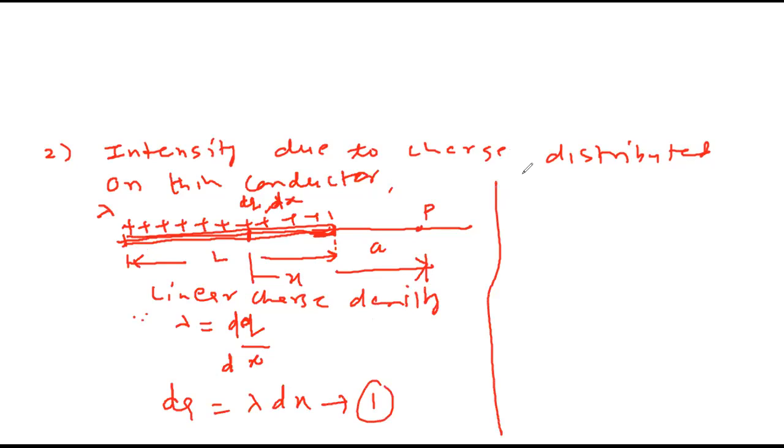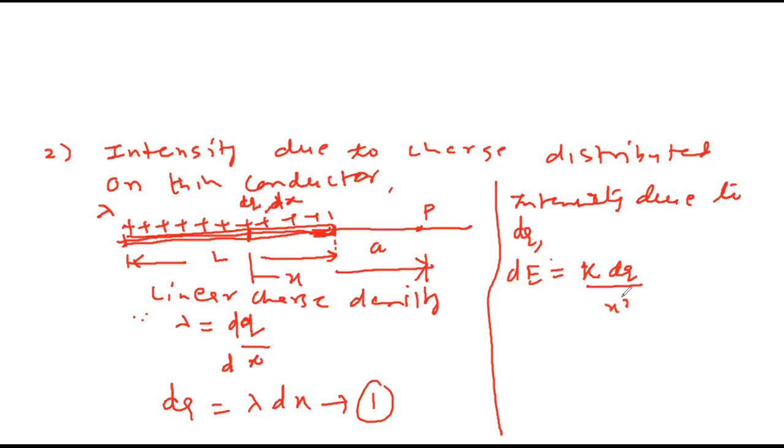Now intensity due to point charge dq, dE will be k dq upon x squared. Therefore, total intensity is the integration of dE from the nearer end to the far end.